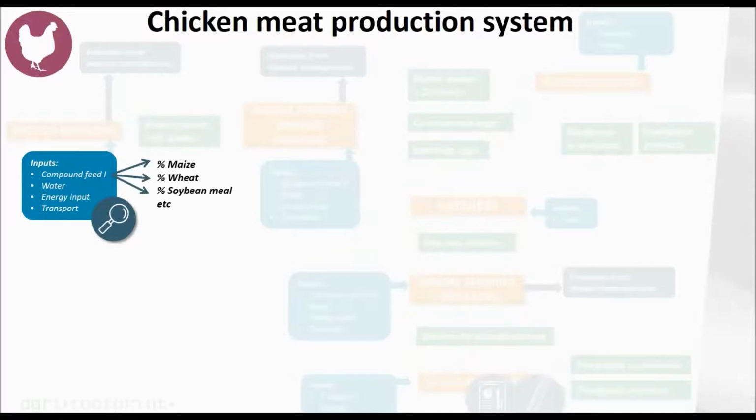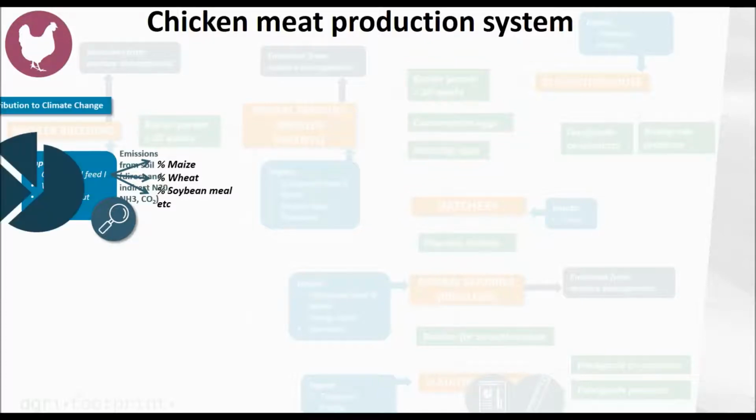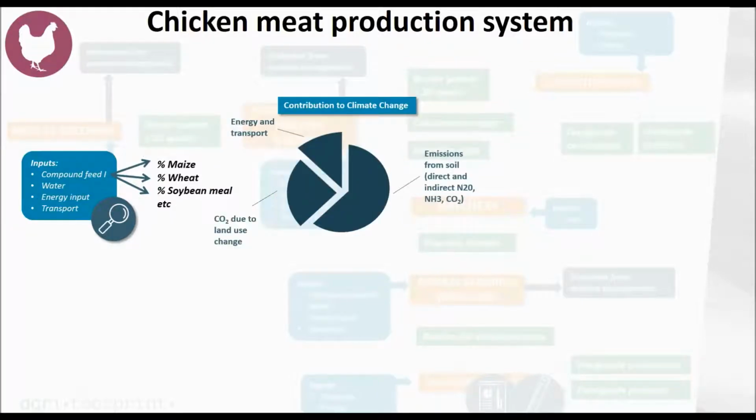So there you can see what this feed is made of, so how much of what is entering your system and which country it's coming from. And you can also run a contribution analysis for the impact of this compound feed to the total chicken meat life cycle. So you can separate the impacts due to land use change, emissions from soil, and energy, for instance.